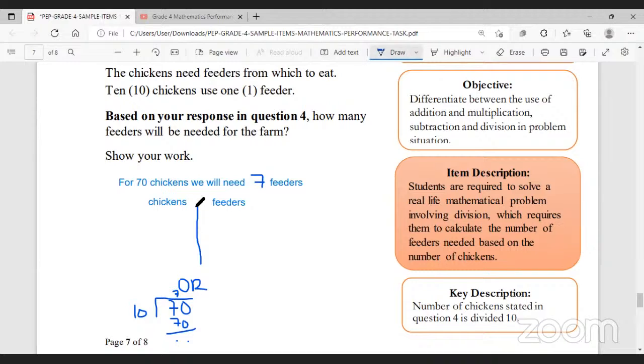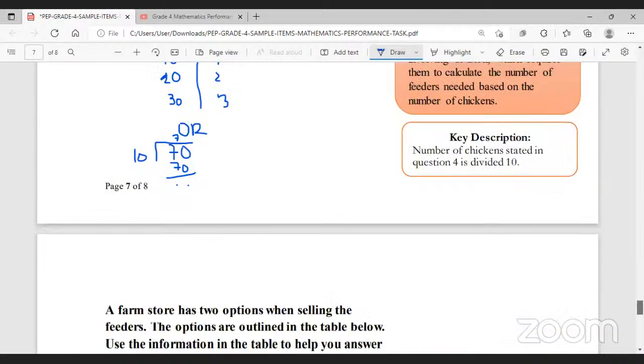And simply like what I just said, for 10 chickens, 1 feeder, 20 chickens, 2 feeders, 30 chickens, 3 feeders. I won't finish it. You can clearly just finish it at home. But that's what it looks like. We'll get the same 7. All right. And really, that's the end of the performance task?